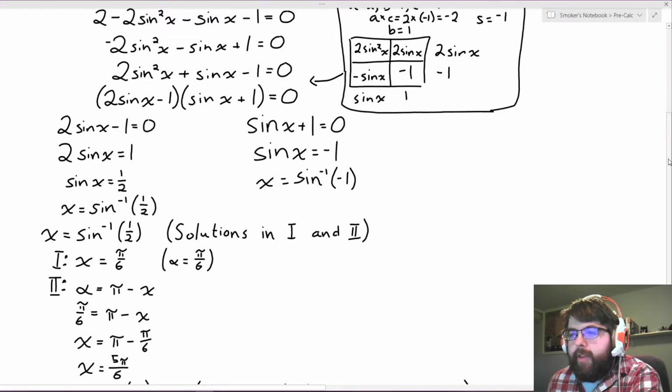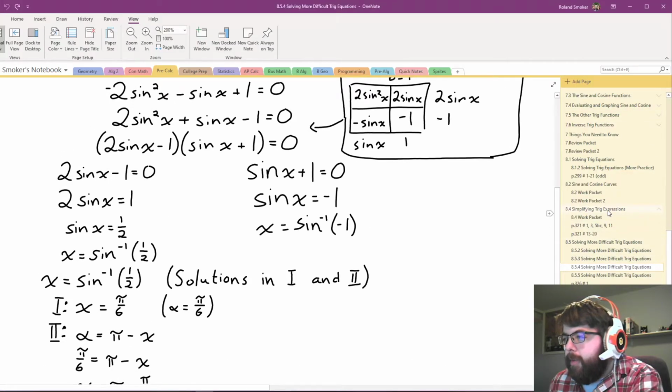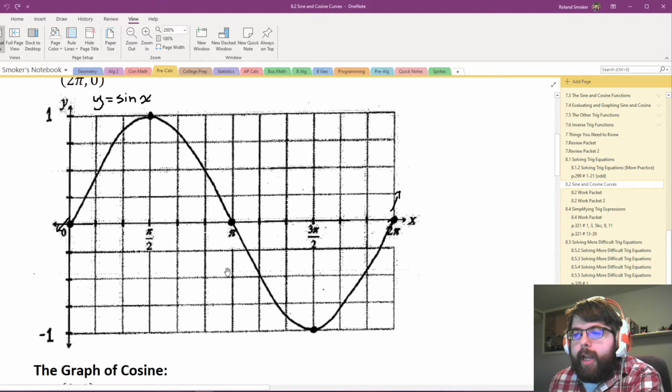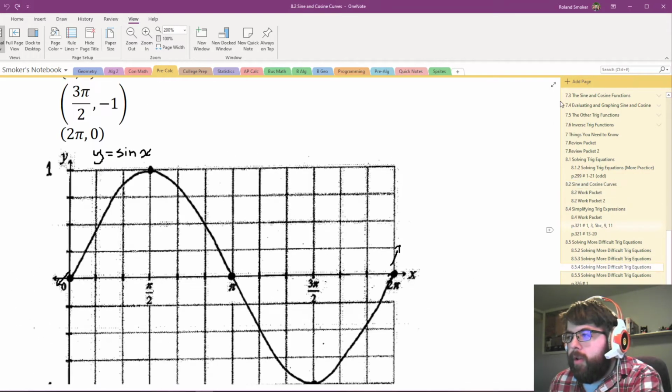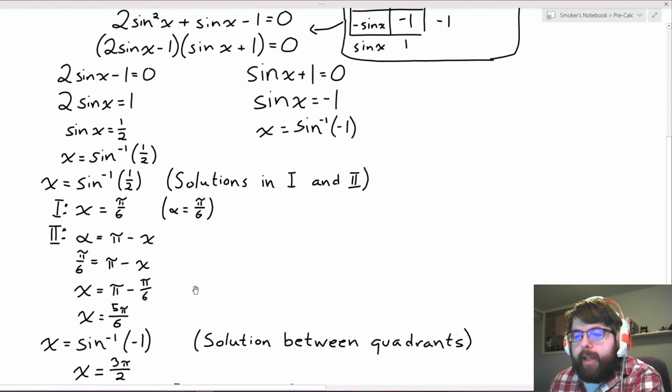Okay, so then we're going to look at sine inverse of negative 1. This is a between the quadrant solutions, and if you remember the graph, let me jump back to the graph. For sine, we're looking at -1. It's going to be 3 pi over 2. 3 pi over 2 is the answer for that. Because I had exacts up here, I want to do the exact here.